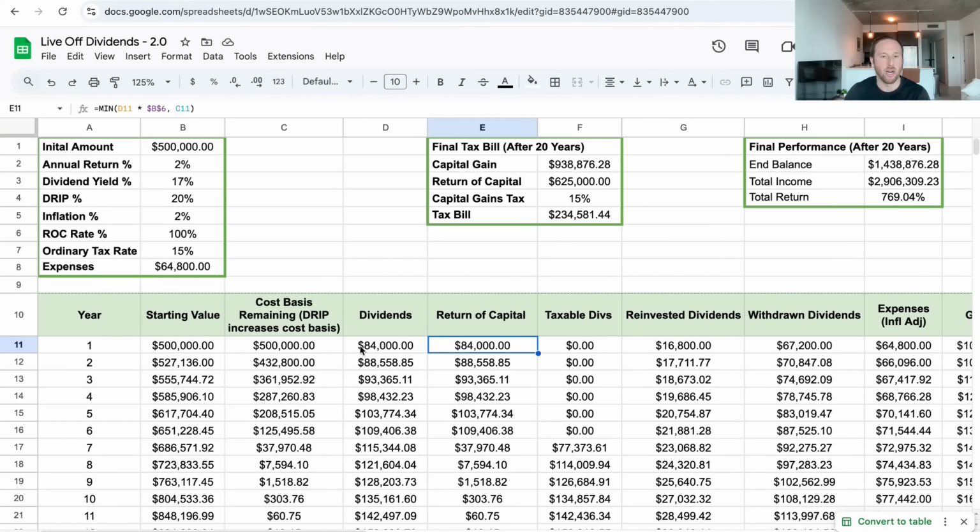And right off the bat, because our ROC percentage is 100%, 100% of the dividends, 84K, is going to be return of capital, right? So we have $0 in taxable year one dividends. 84K will be all return of capital, and that's going to be reducing our cost basis, and you'll see what happens.